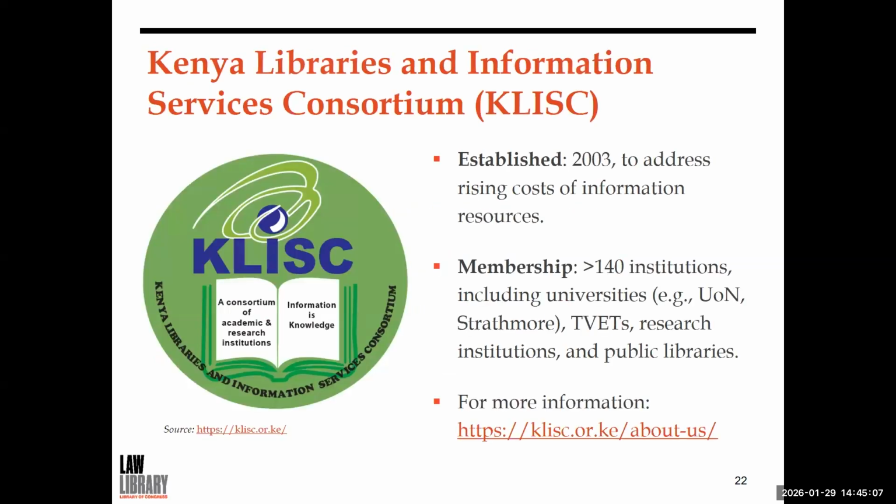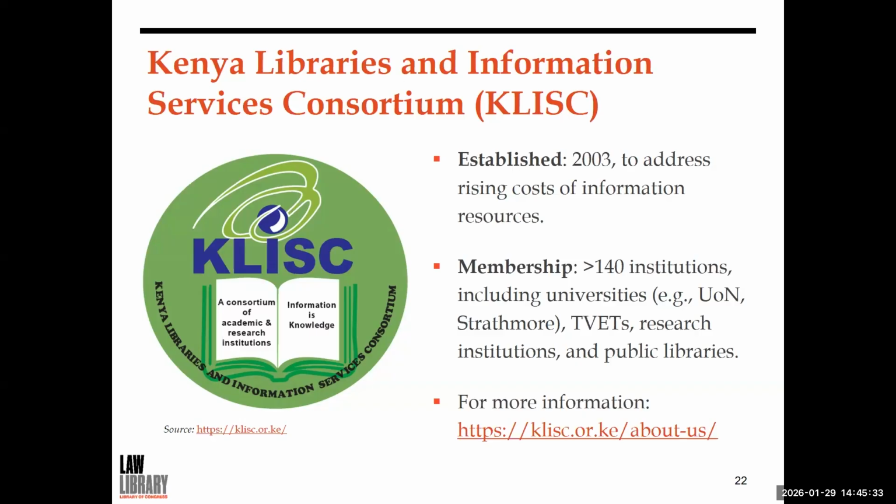I've talked about KLISC, the Kenya Libraries and Information Services Consortium. It was established in 2003, and its purpose is to address rising costs of information resources. We access these information resources as a consortium, and it has over 140 institutions, including universities.